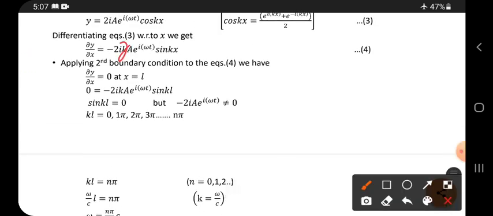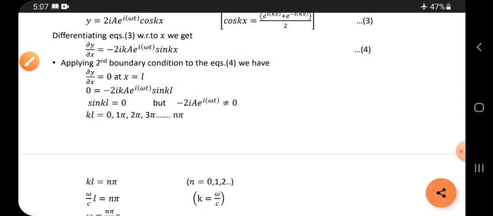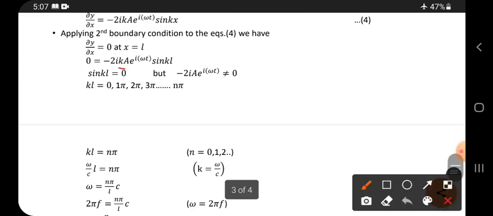This is equation 4. Apply the second boundary condition to equation 4, that is ∂y/∂x = 0 at x = l. In the place of x we put l. We know this term is not 0, so sin kl is equal to 0.